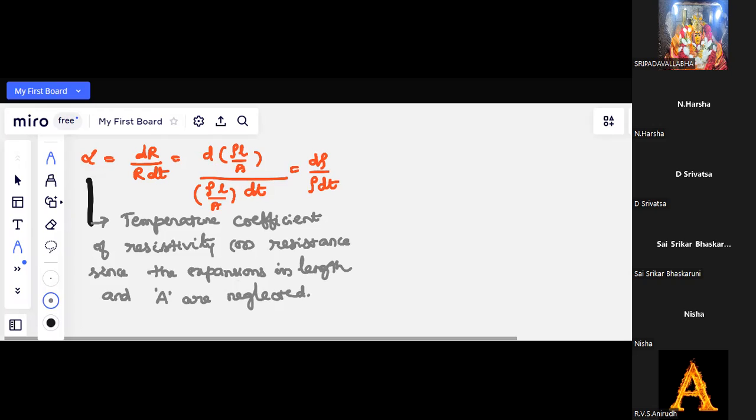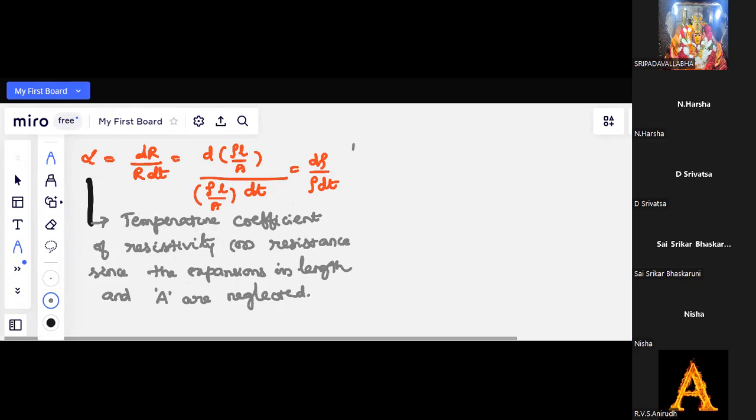That's why, even though derived for resistivity, we can use it for resistance. This is the temperature coefficient of resistance.